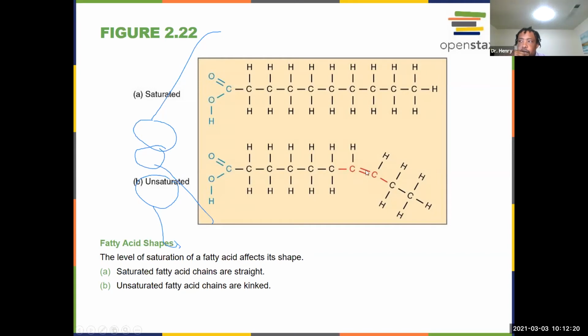Do you see the double bond right here? Anytime you have a double bond or triple bond, it causes a kink in the structure, whereas if you have all single bonds, you don't have a kink. Does that make sense? That kink is because you have to share those electrons.